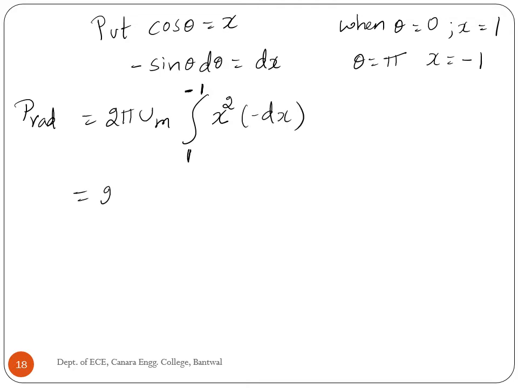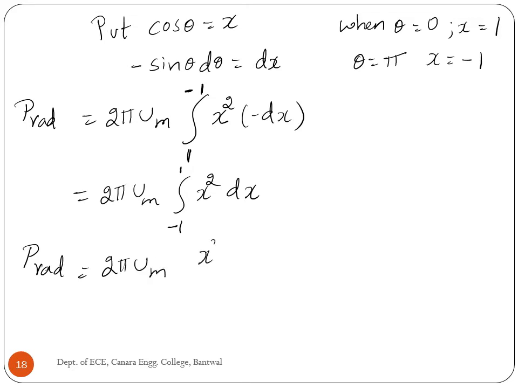To change the minus sign, I'll change the limit, that is minus 1 to 1, x square dx, which is equal to 2 pi Um times x cube by 3. It's the integration of x square, limit minus 1 to 1, which is equal to 4 pi Um by 3.